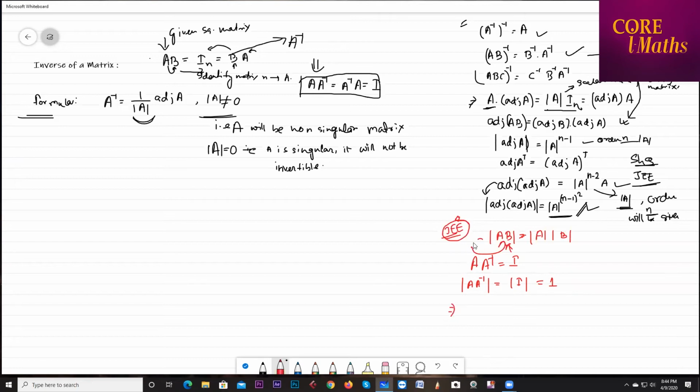Applying this property, we can write determinant of A into determinant of A inverse equals 1. So determinant of A inverse equals 1 divided by determinant of A. This is very, very important.